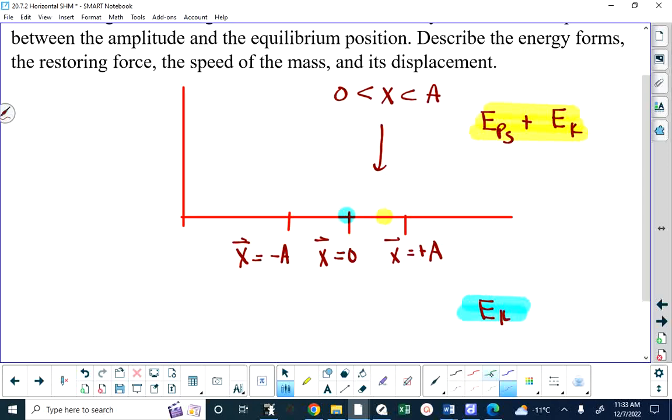If the mass is here, or on the other side at A, then the energy is strictly spring or elastic potential energy. Are you still with me?